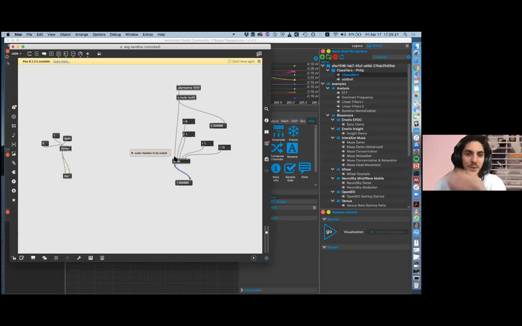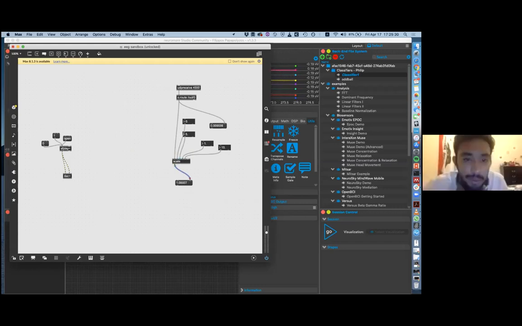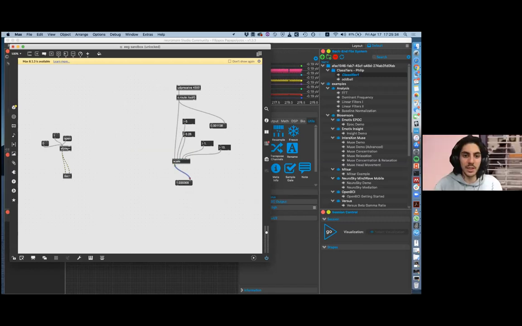I'm doing something wrong here. I can't figure out why exactly. Because the EEG is bad. Yeah, it's hard to deal with, honestly.